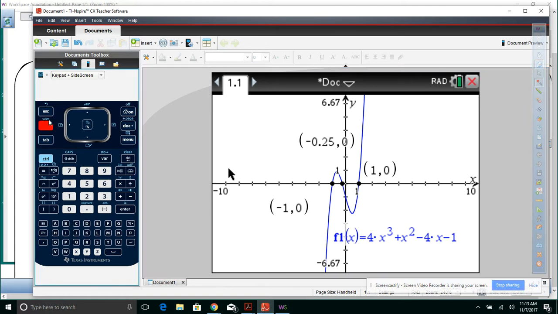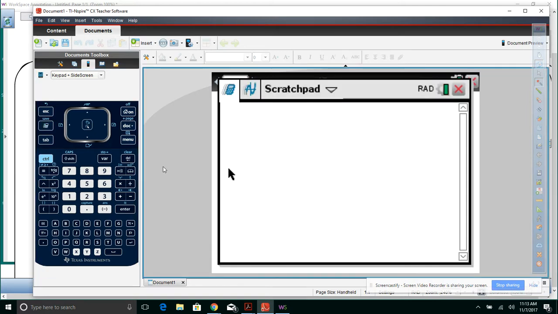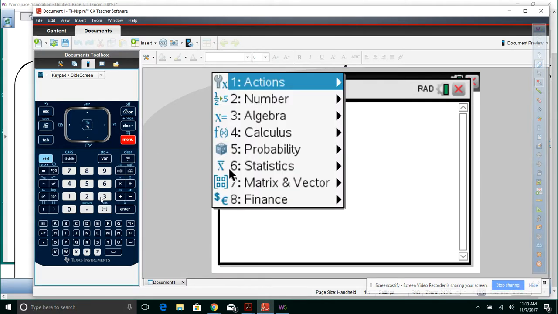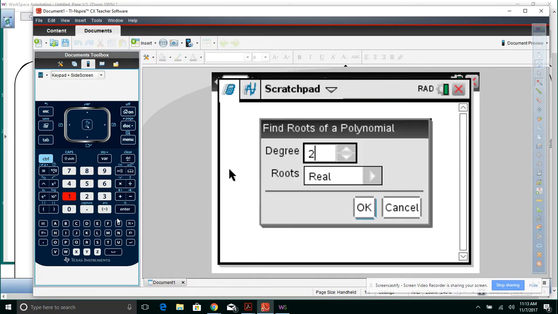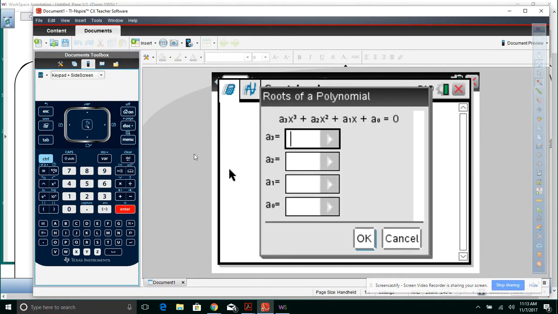The third way is to go into your calculator in Scratchpad or calculate, and then menu 3 for algebra, 3 for polynomial tools, and 1 find the roots. The degree is 3, and we're looking for the real roots. In these boxes, we've got a 4 in front of the x cubed, a 1 in front of the x squared, a -4 in front of the x, and a constant of 1.